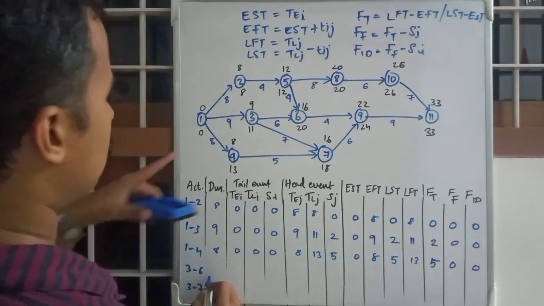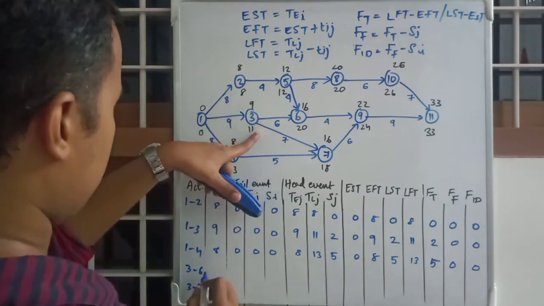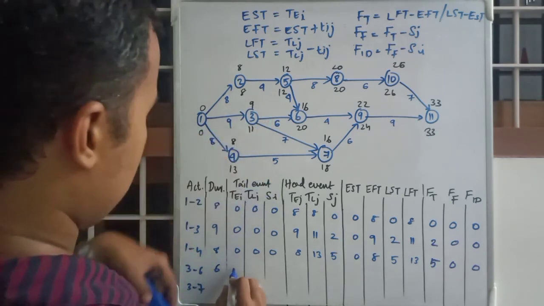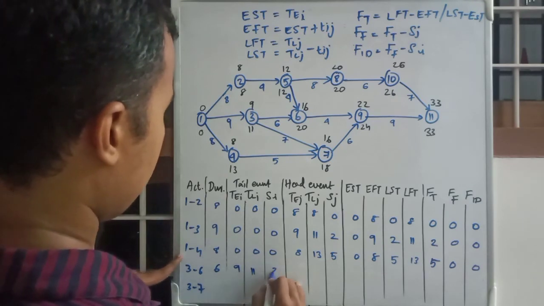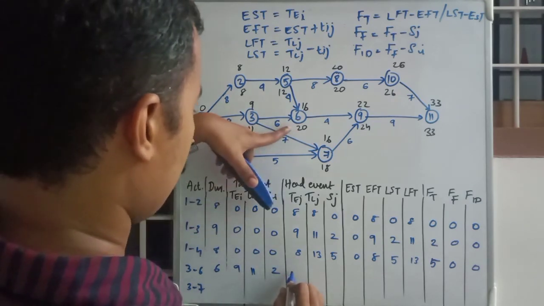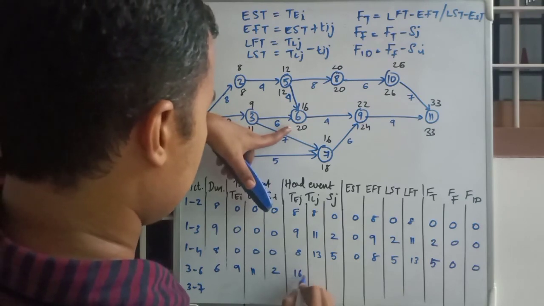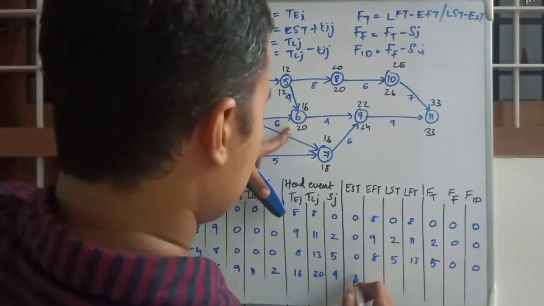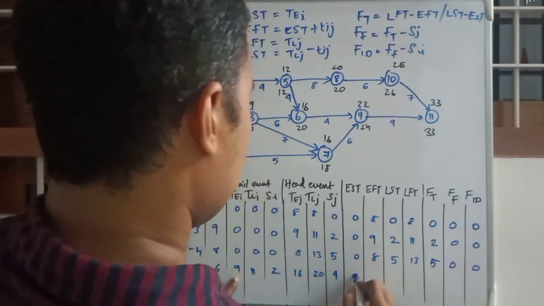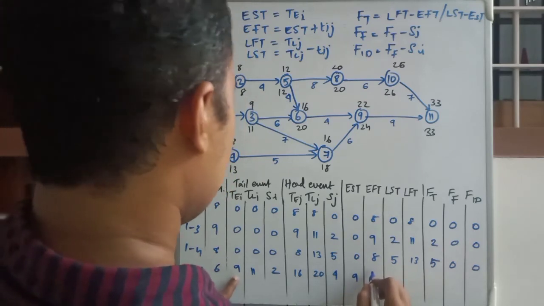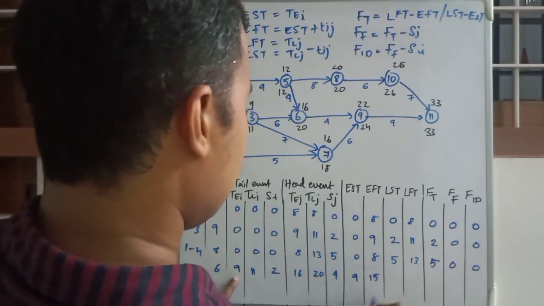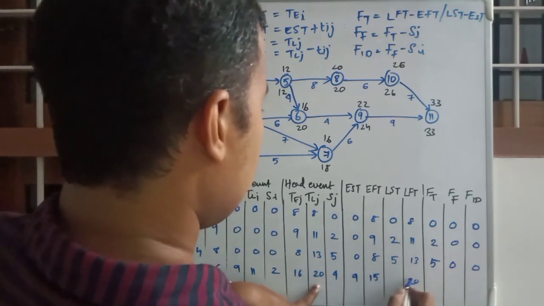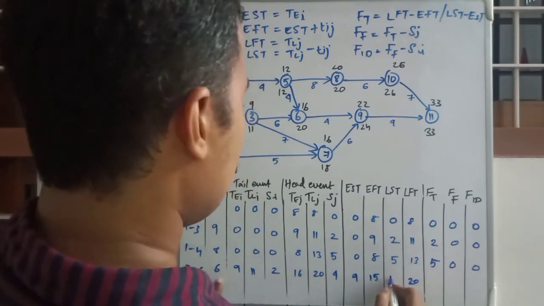Okay, 3 to 6. Duration is 6. Tail event 9, 11, 2. Head event 6 is 16, 20, 4. EST is 9. Duration is 6, so EFT is 15. LFT is 20. Duration is 6, so LST is 14.